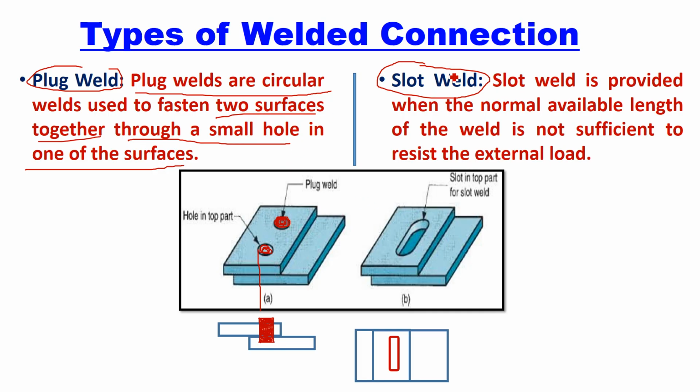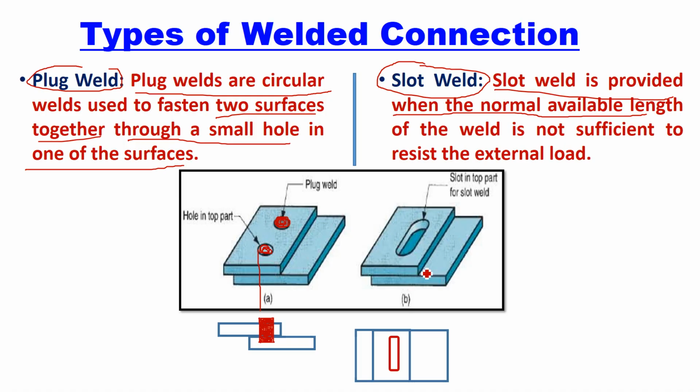Whereas the second type of weld is slot weld, where a slot is provided when the normal length of the weld is not available or is not sufficient. If you weld the two plates and a sufficient length of weld is not available, and still you weld it, it will not resist the external load acting on the plate.